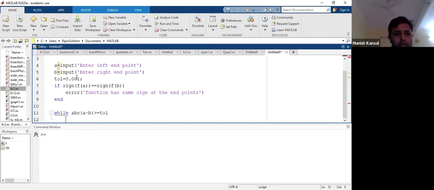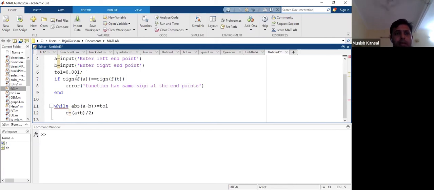Whenever the length of the interval is greater than or equal to tolerance, then you have to proceed with the bisection method. So you bisect the interval. The first stage is that you bisect the interval into two halves. You just take a plus b by 2. Once you take a plus b by 2, the second step, as in the theory, is to check the sign of the function.